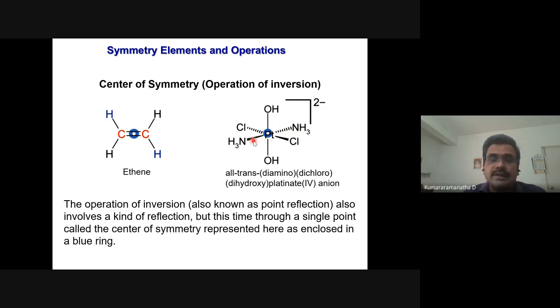You can easily see that if you do this, chlorine away and chlorine are inverted. So the chlorine point reflection is here. Amine point reflection is here. Okay, for hydroxyl point reflection is here. Okay. So this blue ring is referred to as the operation of inversion.